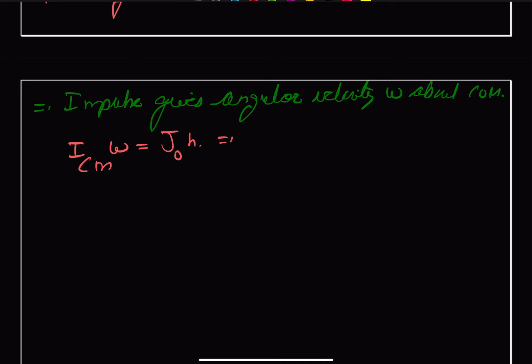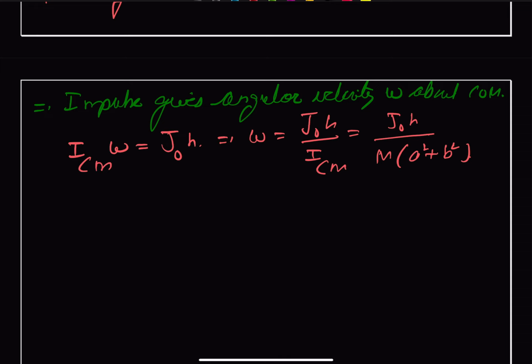So from here omega will be equal to our impulse J naught h upon I CM, and we substitute our ICM, so this comes as J naught h upon 1 by 2 m (a square plus b square).